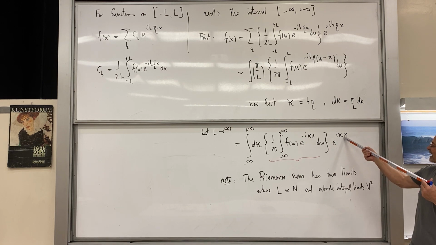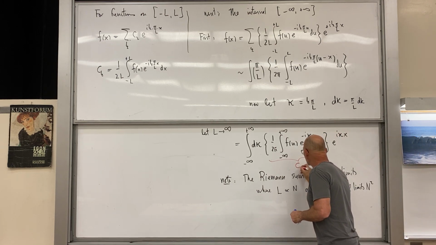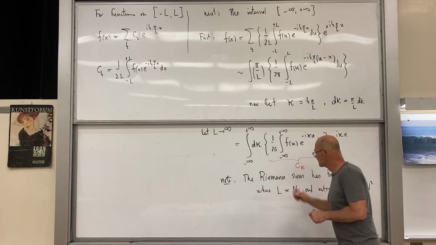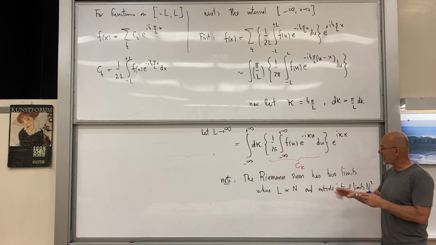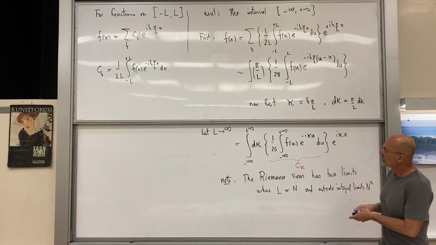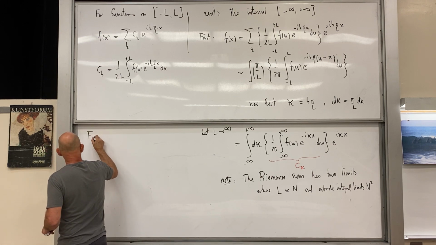So I'm going to change the name of kappa back to k because it's standard. Okay. So this is our c sub k, or c sub kappa, if you want, where kappa is a continuous variable and not an integer. Okay, so we arrive at the Fourier integral formula.